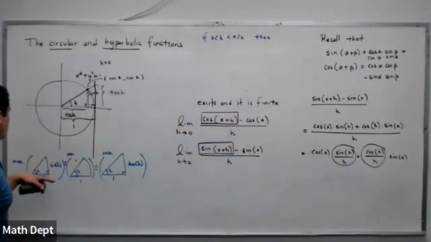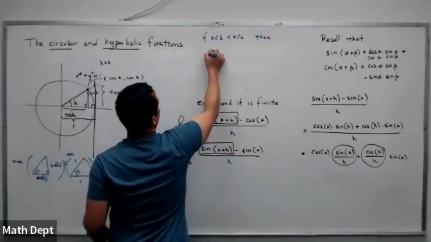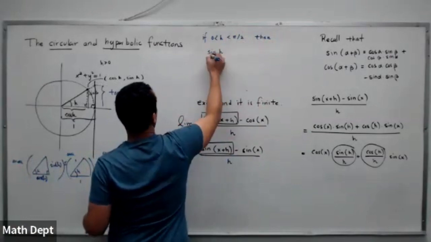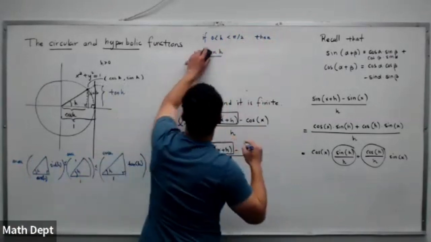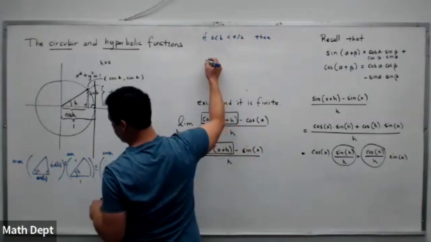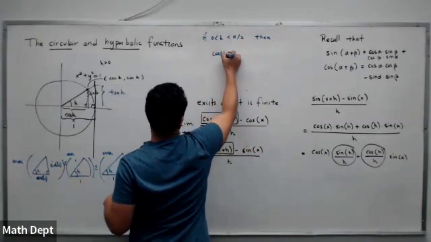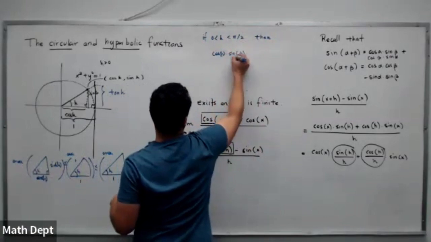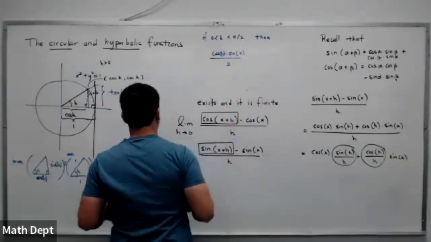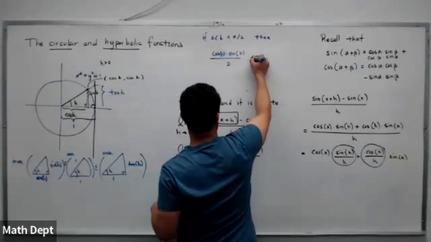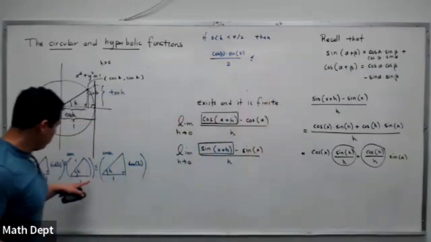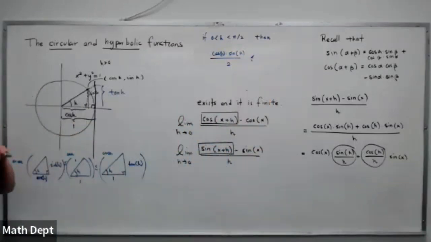The area of this, which would be base times height, so cosine of H times sine of H, divided by 2, is less than or equal to the area of the sector defined here. But the sector, well, actually, what should that be?